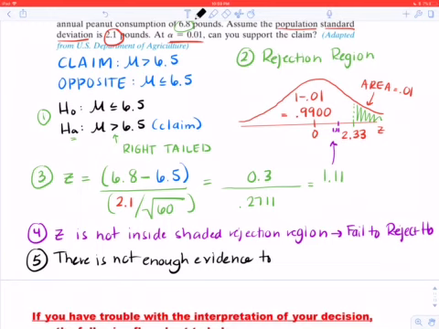Because our claim is in the alternative hypothesis, this test was looking to support that claim. Now, it wasn't able to do that because the test failed, and that's why our interpretation here says there is not enough evidence to support the claim that the mean is greater than 6.5.